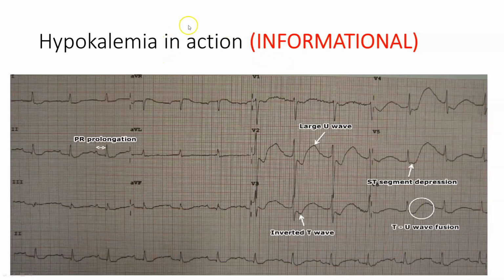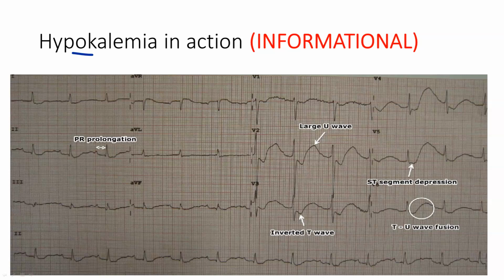So we talked about changes in our rhythm when we have changes in our electrolytes. This is not something that I expect entry-level students to know, but all of a sudden I'm having changes, and those changes are associated with hypokalemia. If you remember, hyperkalemia was those large peaked T waves.